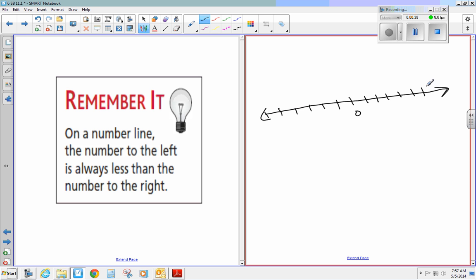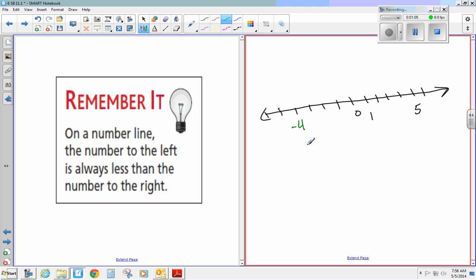And when you look at the positive integers, like 1 and 5, it's very easy for you to see that 1 is less than 5. But when you start introducing negative numbers, like here's -4, sometimes it's harder to look at and say, hey, what's less, a -4 or 5? Or -4 and 1.